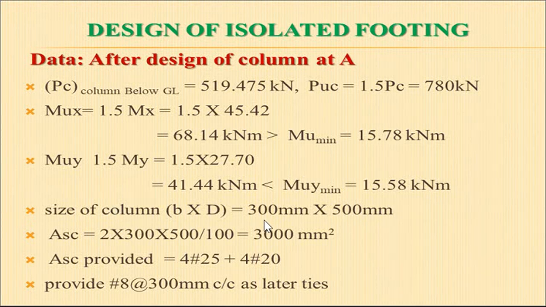Size of the column we have considered 300 by 500. ASC is equal to 3000. It is already calculated, and we have provided 4 of 25 and 4 of 20 as main longitudinal reinforcement, and 8 mm at 300 center to center as lateral tie. This is the data taken from the column.